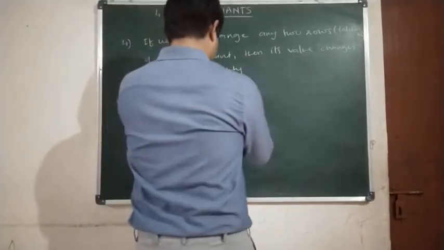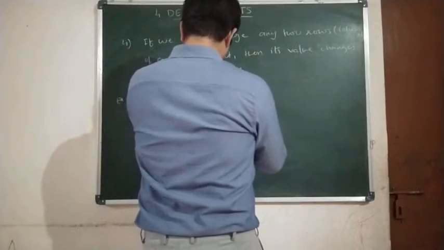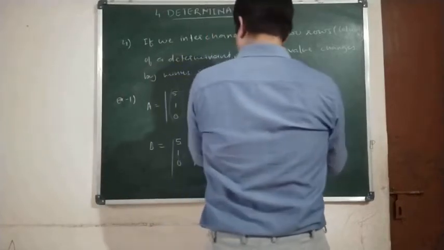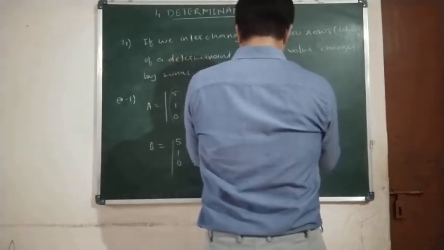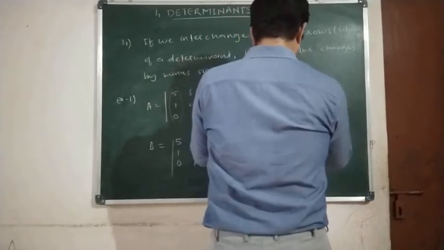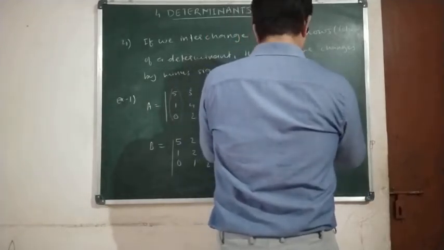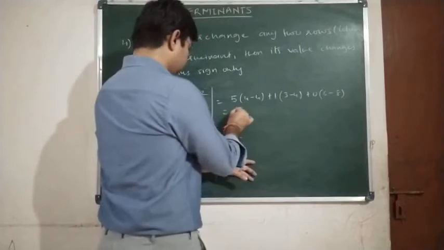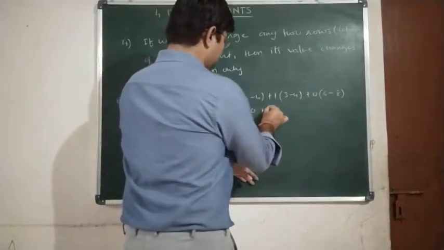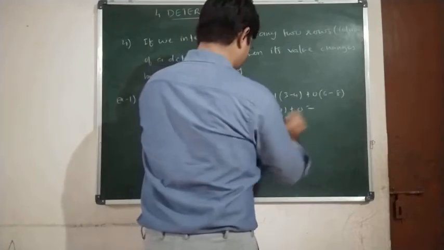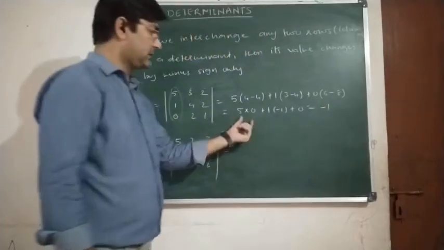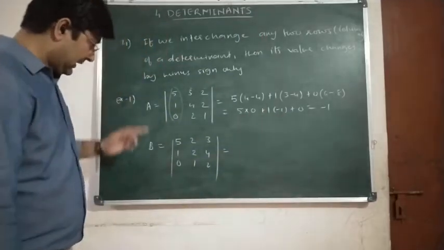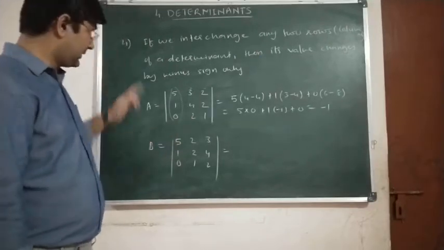Okay, so 5 into 4 ones are 4 minus 4 plus 1 into 3 ones are 3 minus 4 plus 0 into 0 into 3 twos are 6 minus 4 twos are 8. Okay, so 5 into 0 plus 1 into minus 1 plus 0, which is equal to minus 1 only, because these two terms are 0, so only the middle term is minus 1. Okay, now let us find out the answer of B must be 1. Yes or no? Then only this property is satisfied.